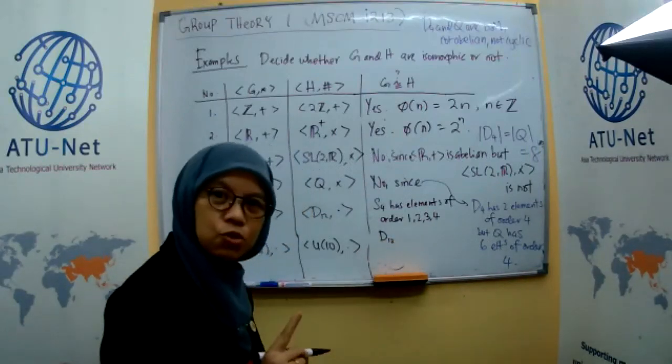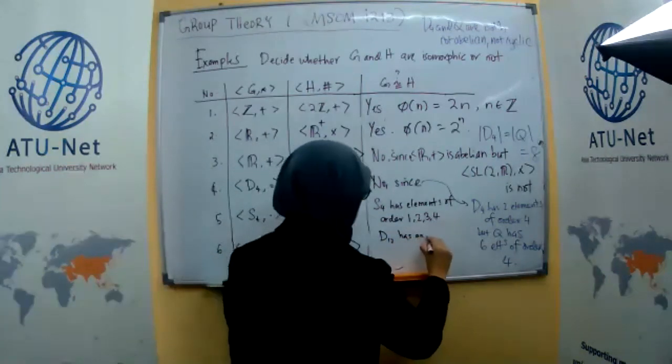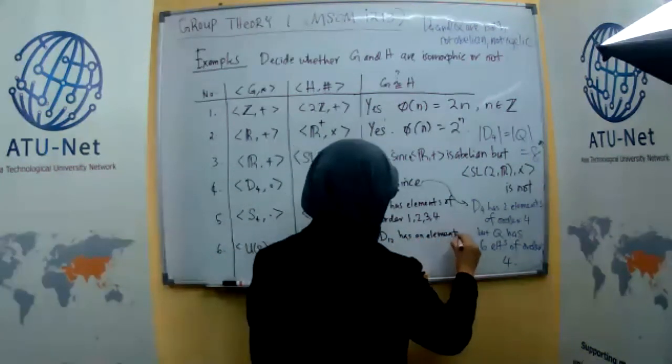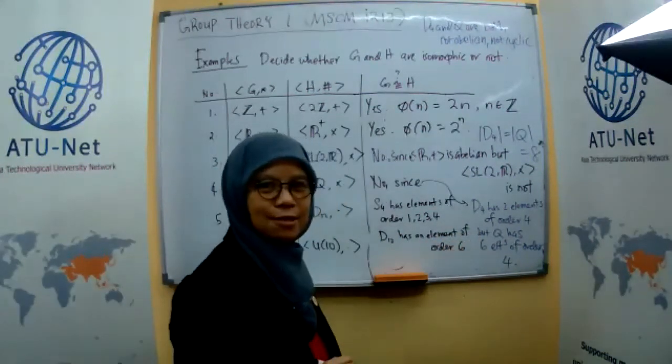also has order 24. But D12 has an element of order 6, right?